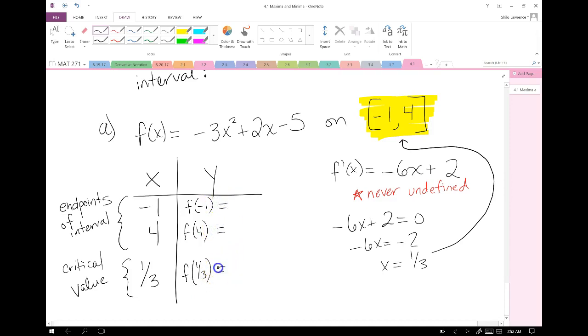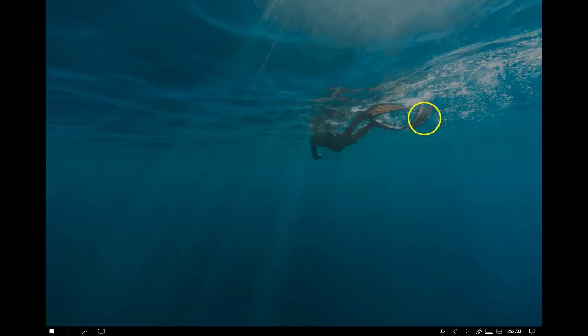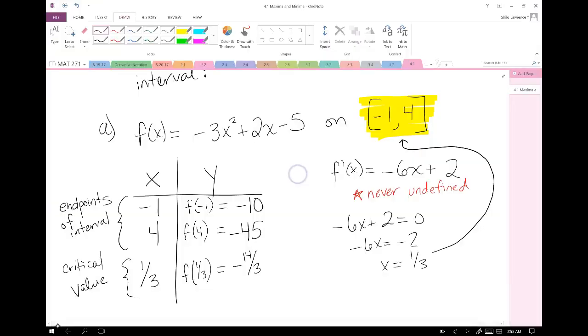We're going to take these x values and plug them back into our function. So I've gone ahead and filled in our functional values for f of x at negative 1, 4, and 1/3. And now all we need to do is compare those y values to figure out who's the max and who's the min. Whichever y value came out the largest is our absolute max.